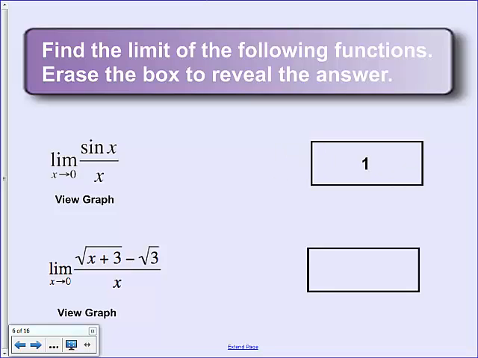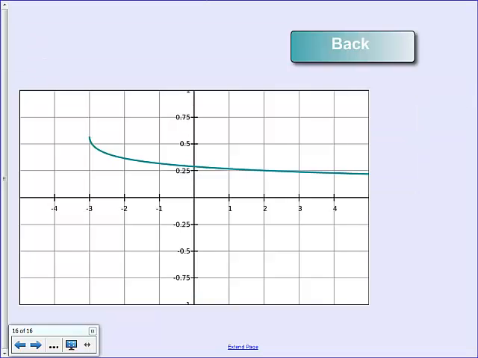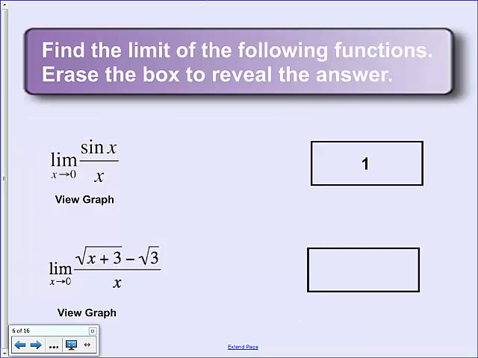It is 1. So now, if we look here at this other graph, we are still doing as x approaches 0. Let's go ahead and view the graph. All right, again, as x approaches 0 here, what does this look like? My y value, more than likely, if I go back to my equation, all right, what is my equation back here? Again, why can't I have a limit here?